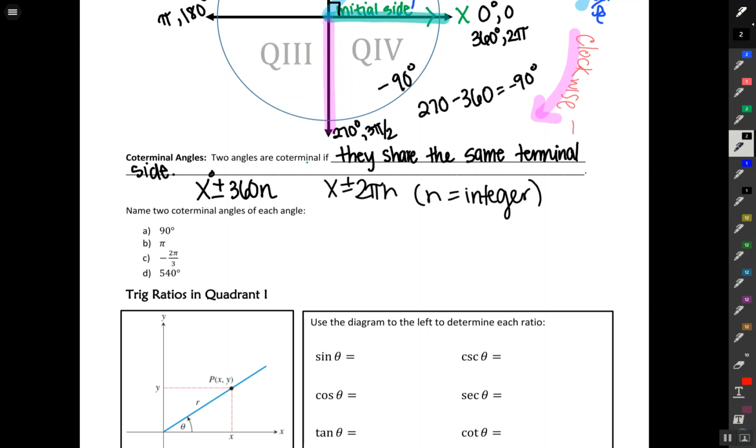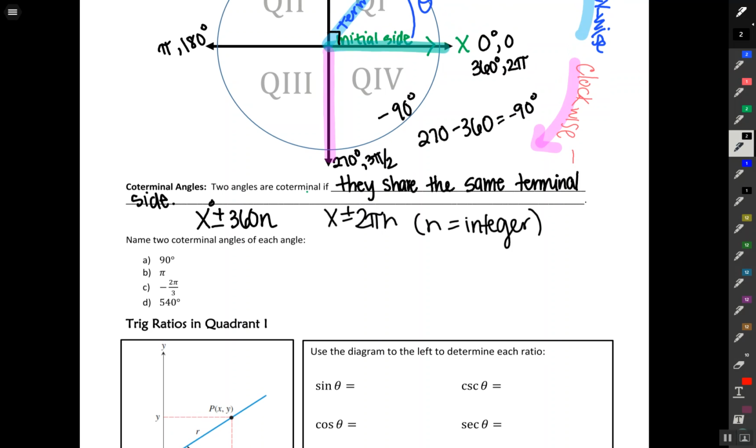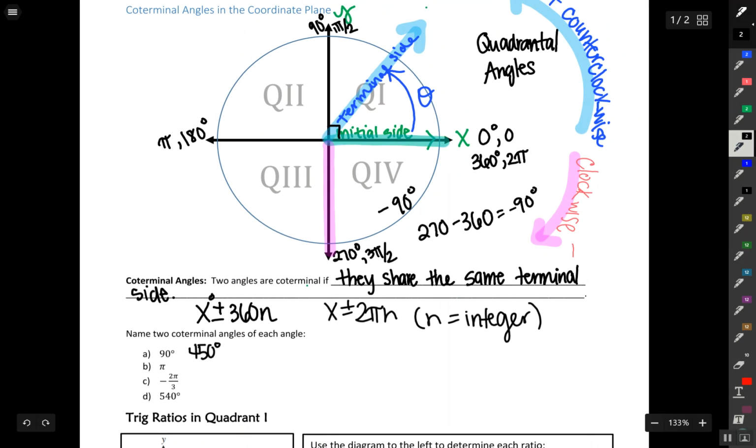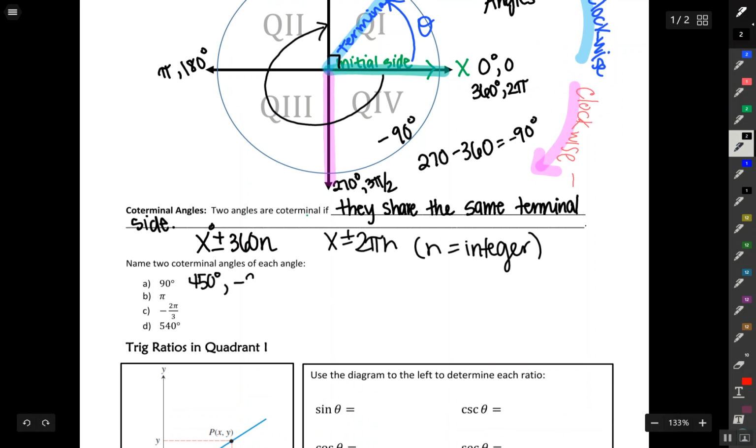So let's just practice this. Let's name two coterminal angles for each angle. Okay, so 90 degrees. You can add 360 and get 450 degrees. You could subtract 360. So 90 is up here. You could think of it going in the negative direction, and that would be negative 270.